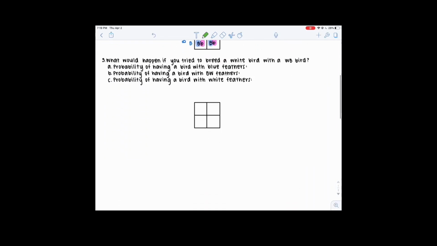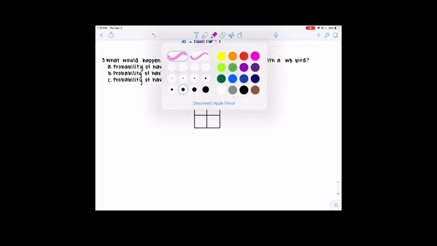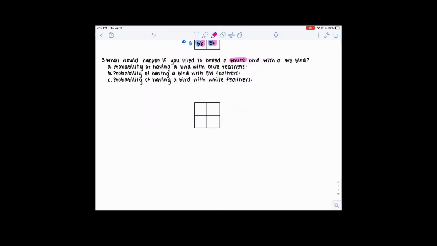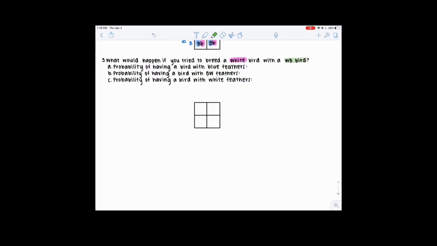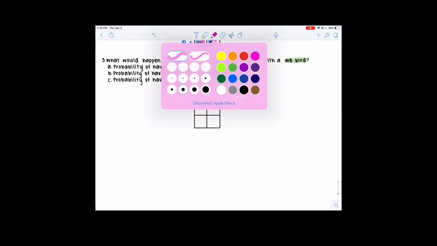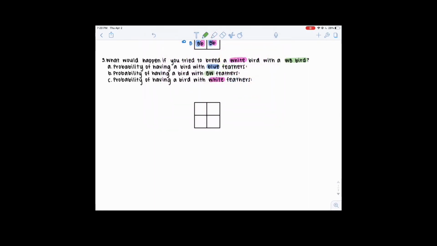Question number 3. What would happen if you tried to breed a white bird with a BW bird? A. Probability of having a bird with blue feathers. B. Probability of having a bird with BW feathers. And C. Probability of having a bird with white feathers.